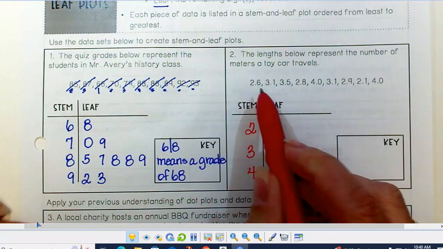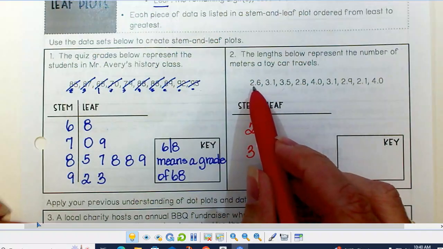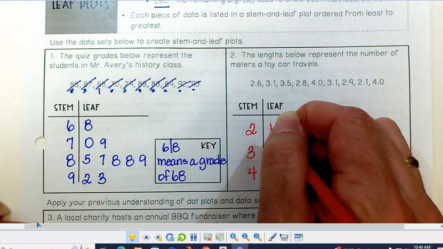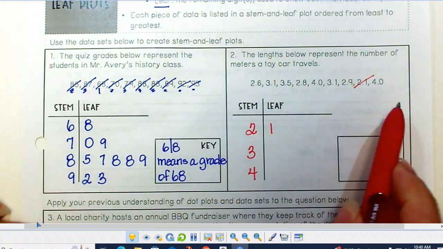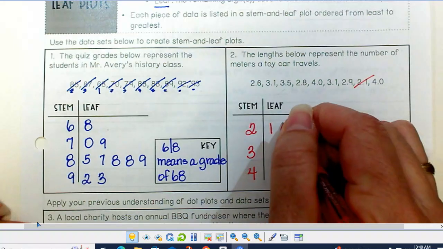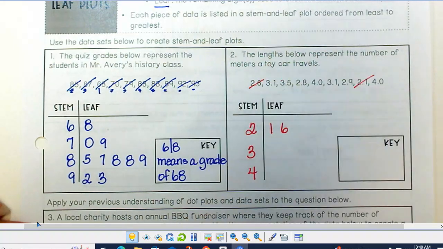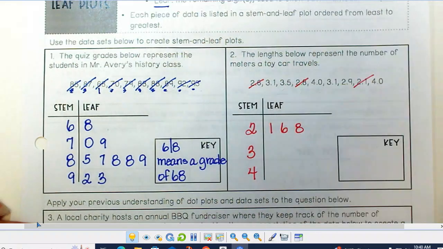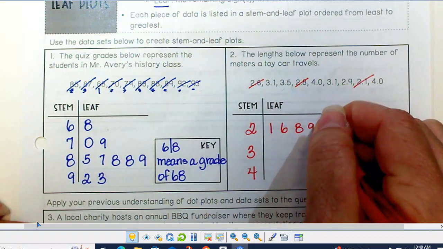So I'm going to look at my ones that begin with 2. I'm going to find the smallest. I have 2.1. I have 2.6. 2.8. and 2.9.